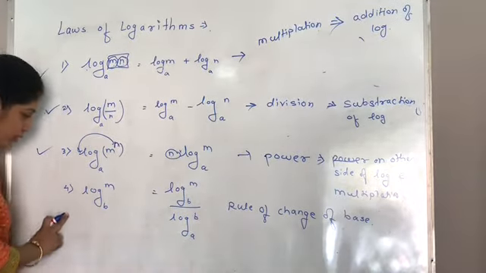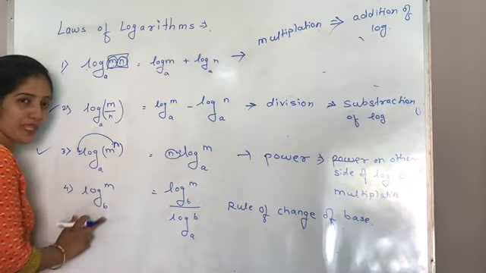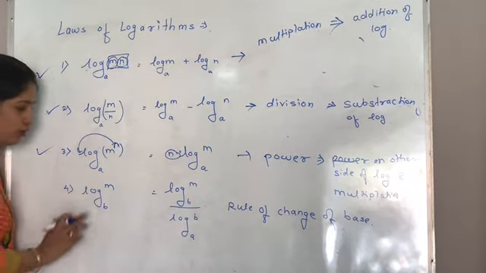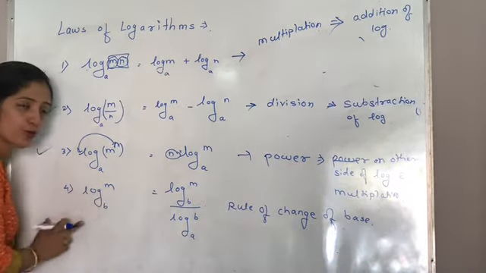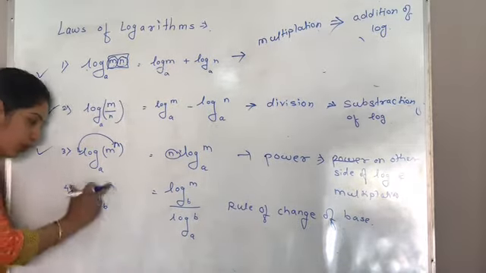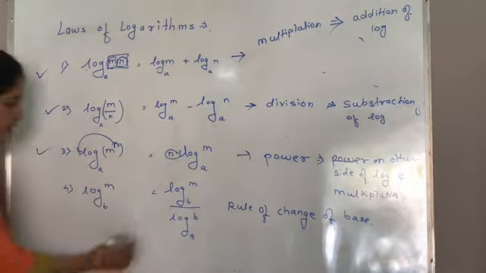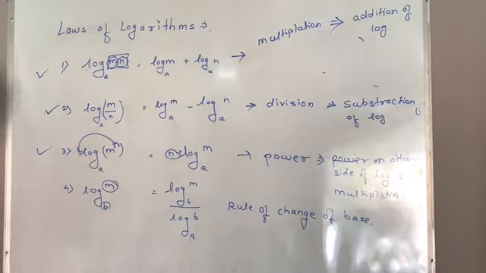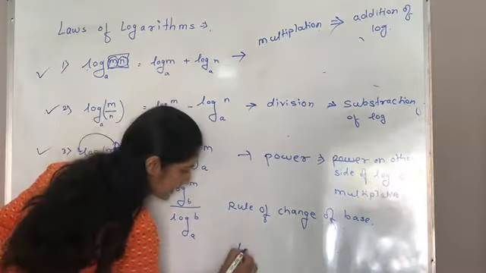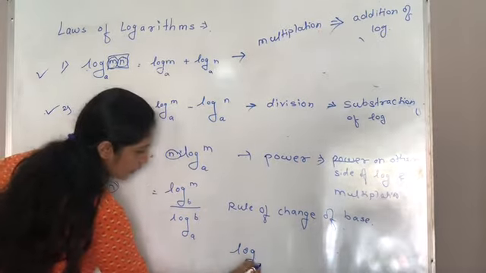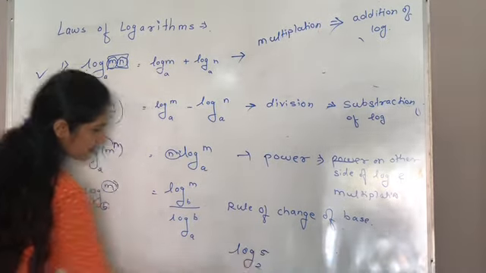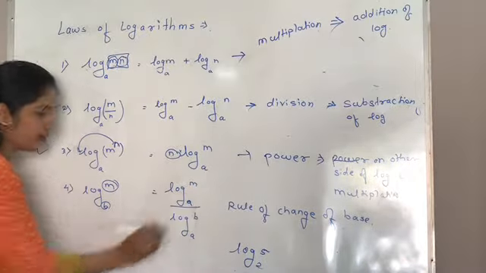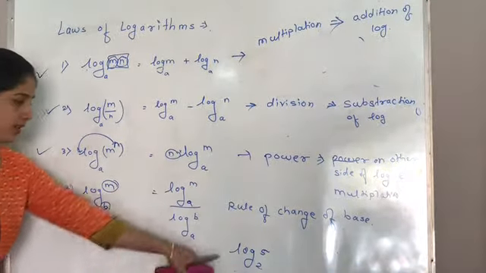That is a very important rule. Log of m to the base b. That means b is the other base, a different base is there. So at that time you have to do a separate division of that number. So see here, this is the number to the base b. B is the base. Okay. So for example, this type of question is there: log of 5 to the base 2.